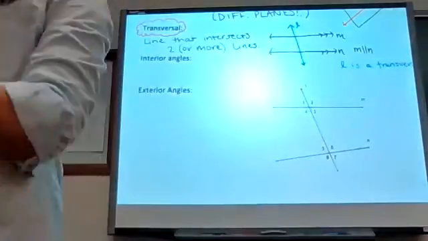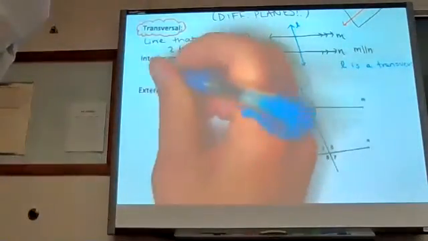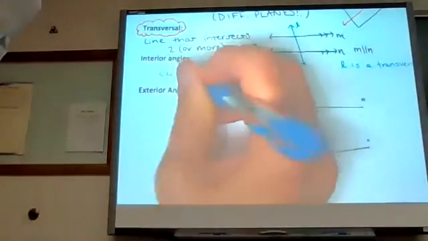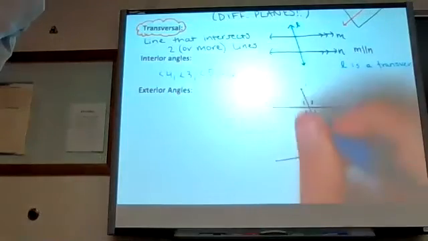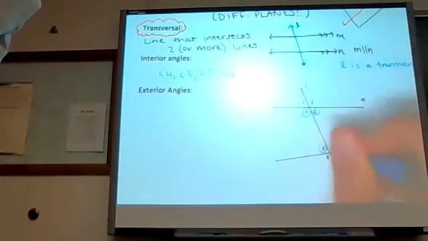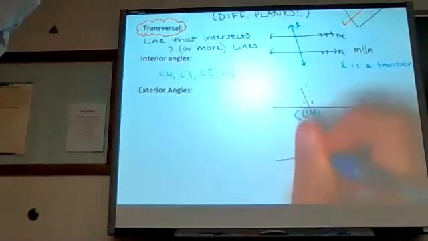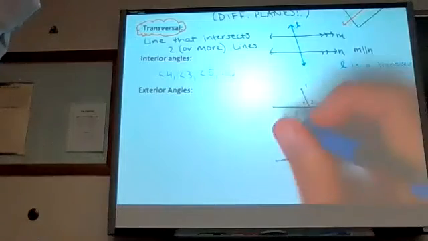So my interior angles would be 4, 3, angle 5, and angle 6. Okay, this is my interior, in between the two lines.